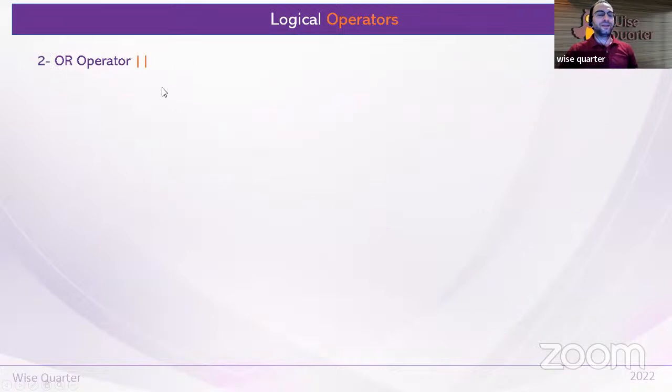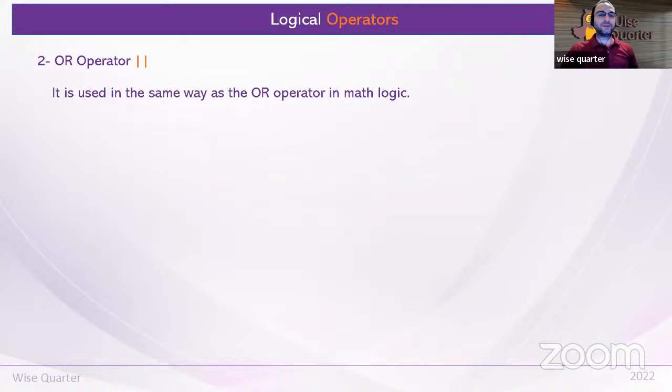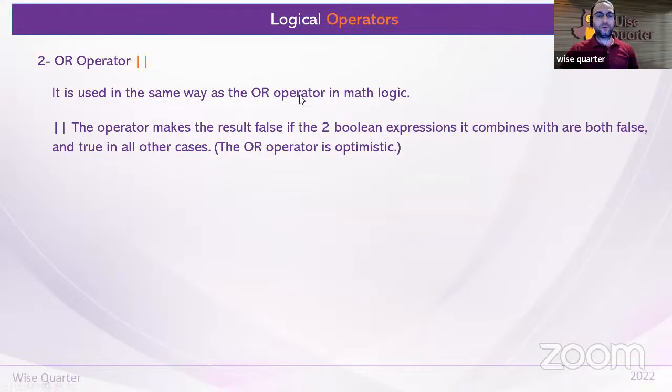The or operator, this is very close to my character. The or operator is something like a positive guy. No matter what happens, if something is right there, it will tell you, oh, relax, man, everything's all right. The or operator is optimistic.